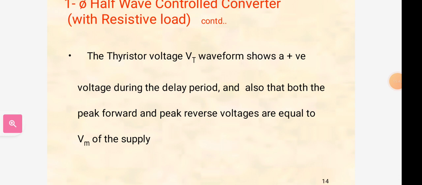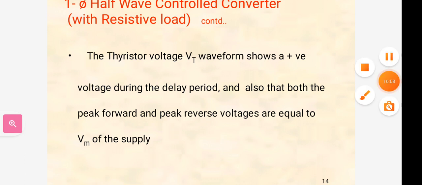The waveform of the voltage drop across the thyristor Vt: during the conducting periods the voltage drop across the thyristor is 0, and during the non-conducting periods the voltage drop across the thyristor appears and is represented in the waveform.